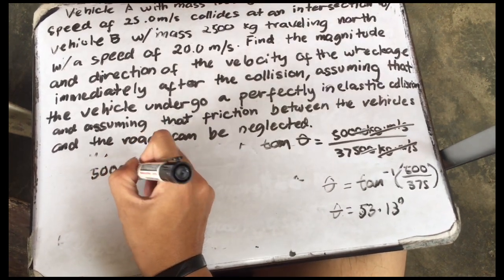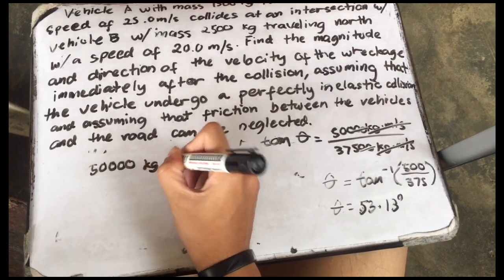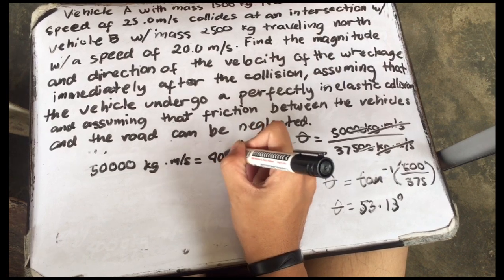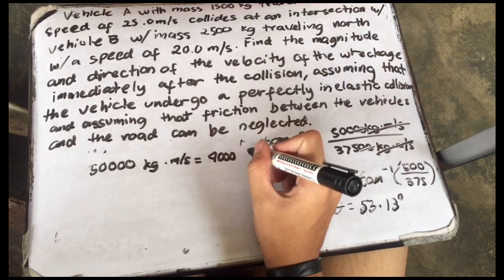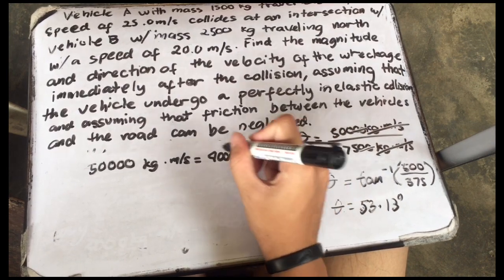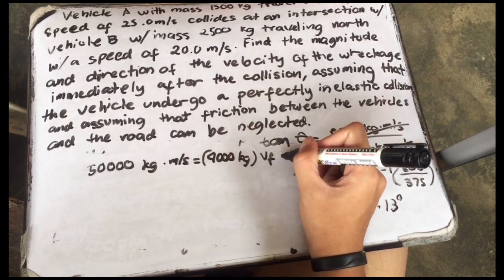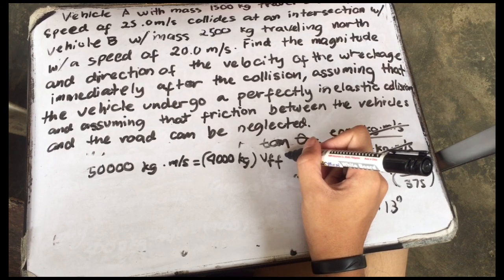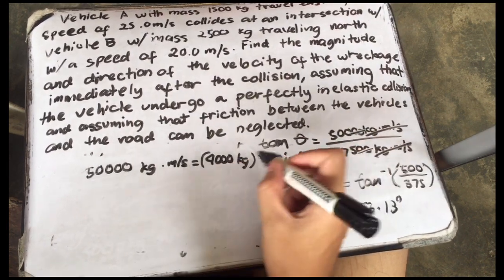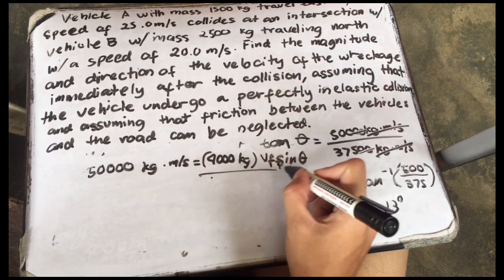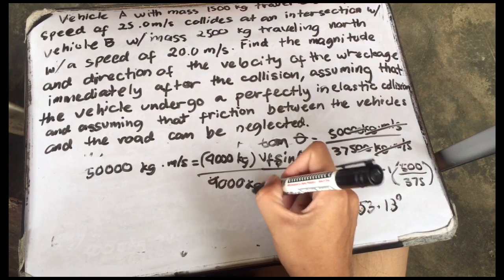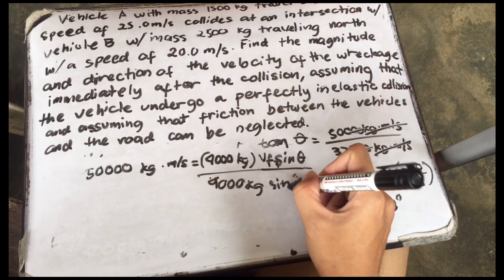So 50,000 kilogram times meters per second. Meters per second lang. Equals yan sa 4,000 kilogram times V sub F final sin theta, over 4,000 kilogram sin theta.